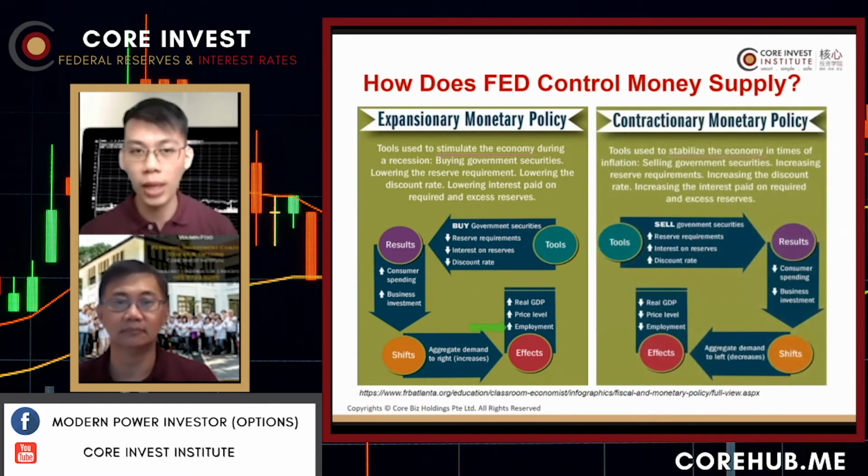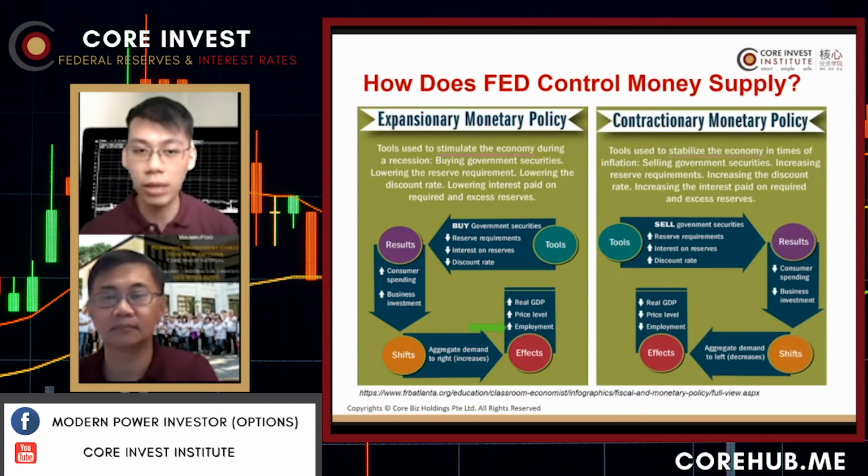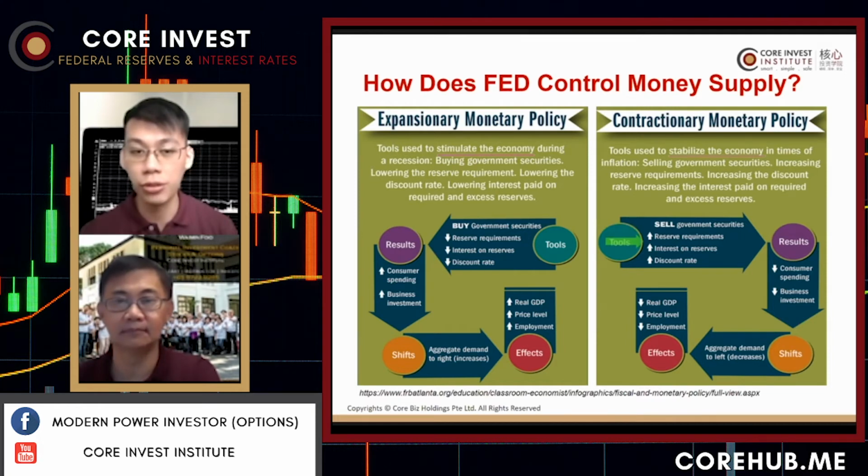So what if they want to stabilize the economy, right? What they will do is sell the government securities, increase the reserve requirement, increase the interest rate, and increase the discount rate. And that will result in lower consumer spending and lower business investment. And then that will shift aggregate demand to the left, which is a decrease.